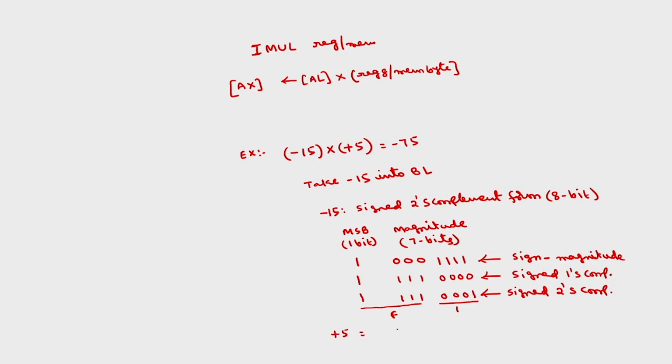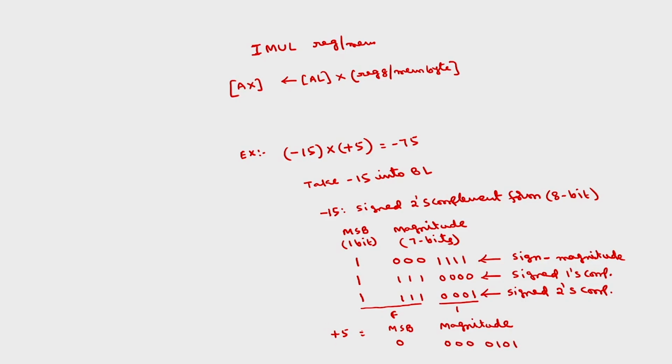And what about plus 5? In signed 2's complement representation, we have the MSB and magnitude bits. The MSB for a positive number is 0, and the 7-bit magnitude for 5 is 0000101.